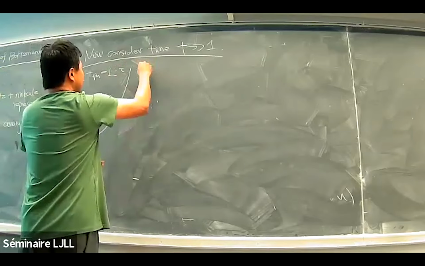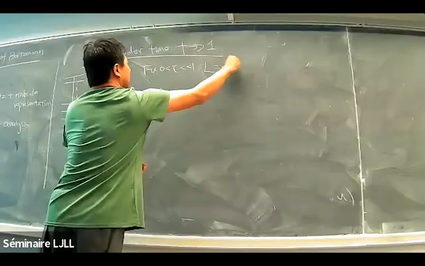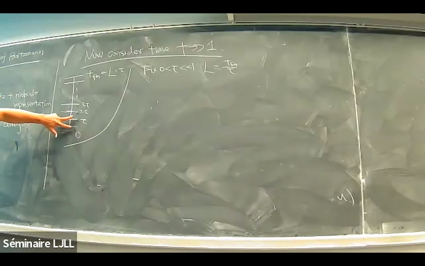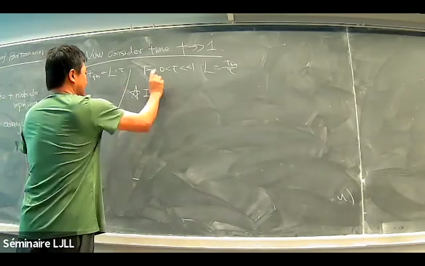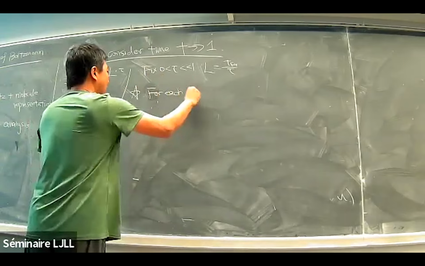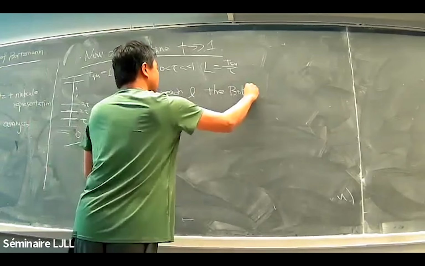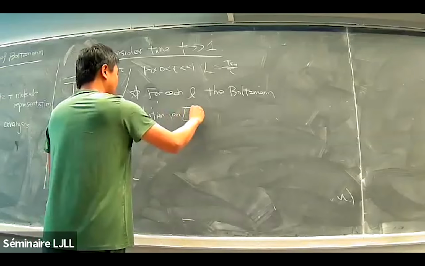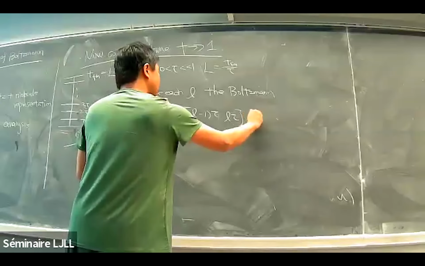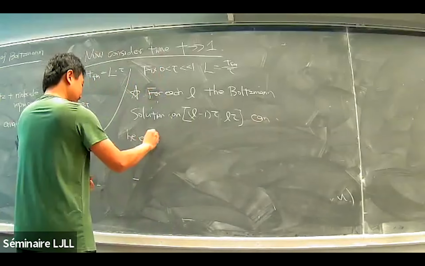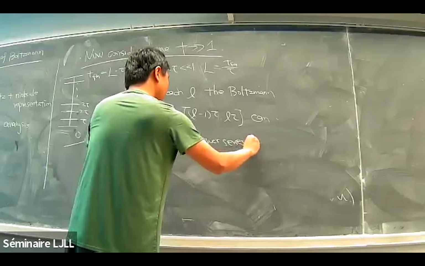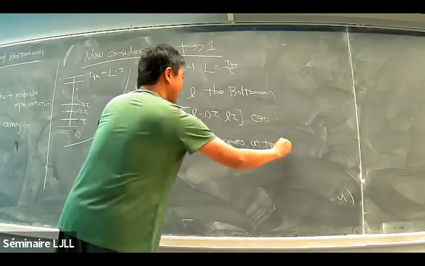Okay, so then we fix... now, so that each interval is a short interval, and if we expand for each L, the Boltzmann solution on (L minus 1) tau to L tau can be expanded as a power series at time L minus 1.